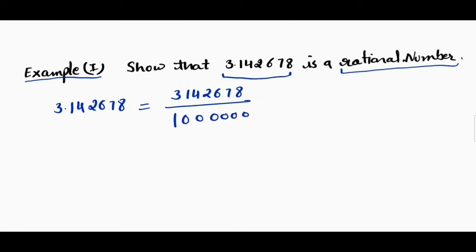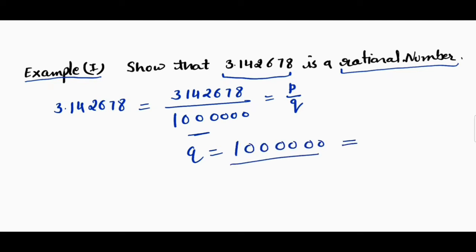So it means I have written this number in P upon Q form, and here Q is equal to this number, and this is not equal to 0. It means I have represented this number 3.142678 in P upon Q form. So this number is a rational number.